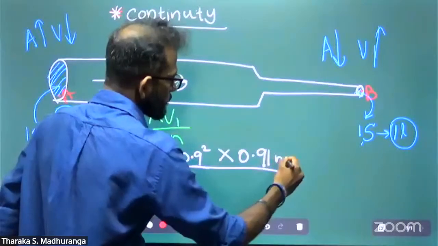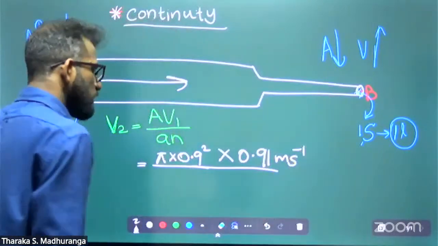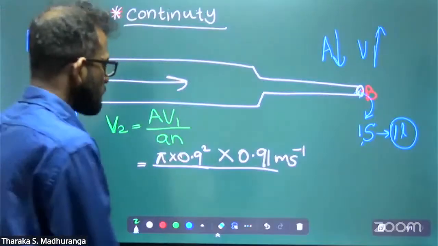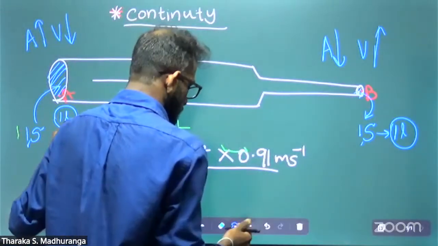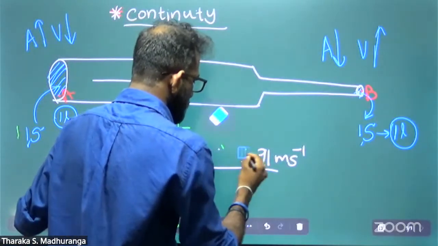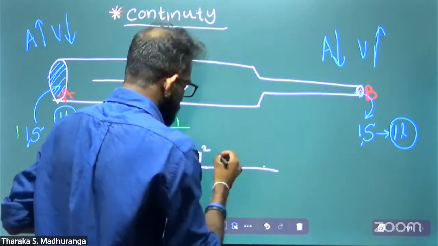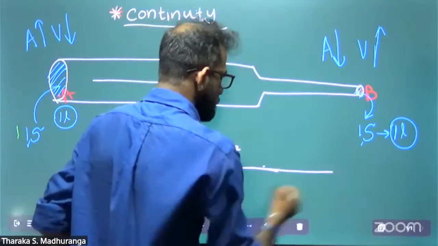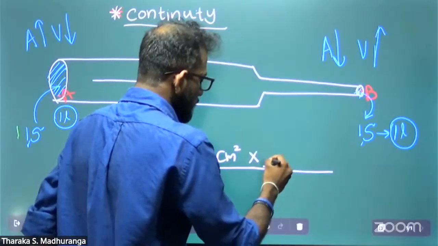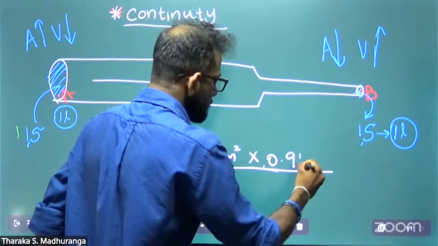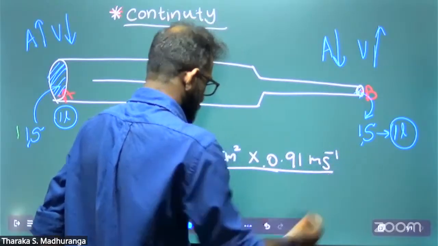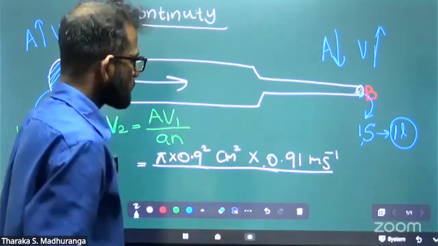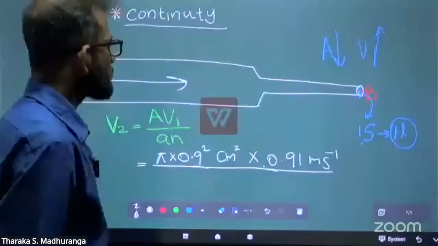If you want the unit, area is in square centimeter because it is a cross section area.